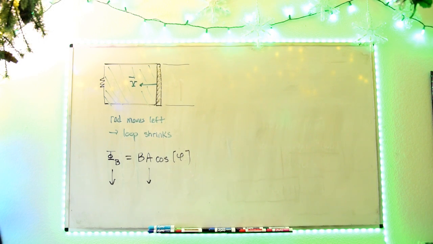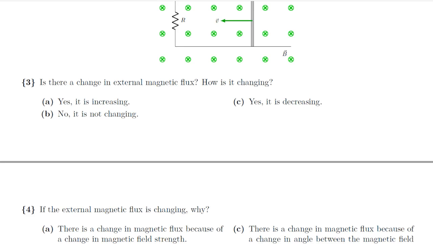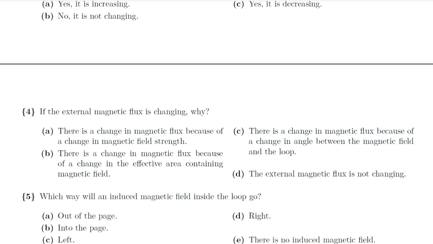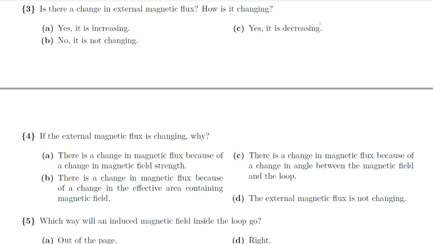If you treat that loop as a rectangle, the right side of that rectangle is moving closer to the left side, to be very precise. So yes, it is decreasing.